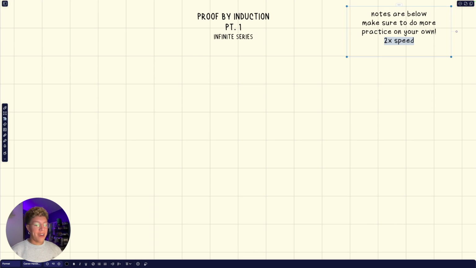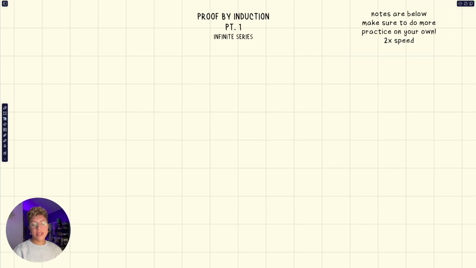We're going to start off by talking about a sequence of numbers that is hopefully pretty familiar. The sequence of numbers is the odd numbers starting at 1. And we get 1, 3, 5, 7, 9, and so on.